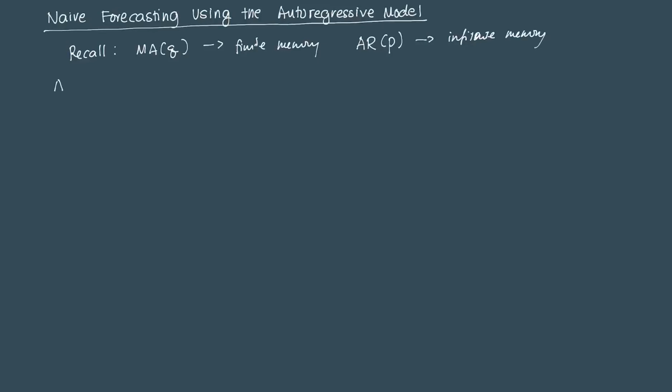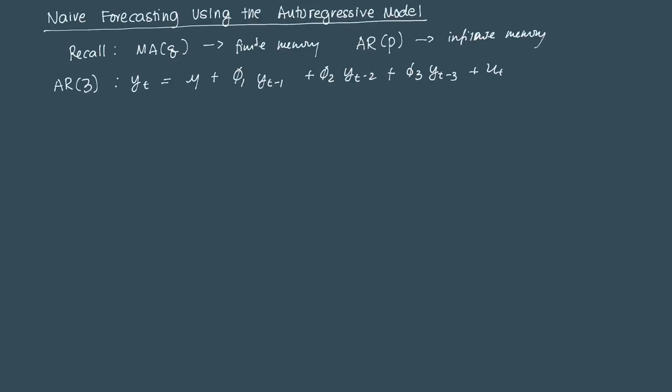So say we have an AR(3) model, and that looks like Y_t equal to mu plus phi1 Y_{t-1} plus phi2 Y_{t-2} plus phi3 Y_{t-3} plus U_t. So this is what an AR(3) looks like.